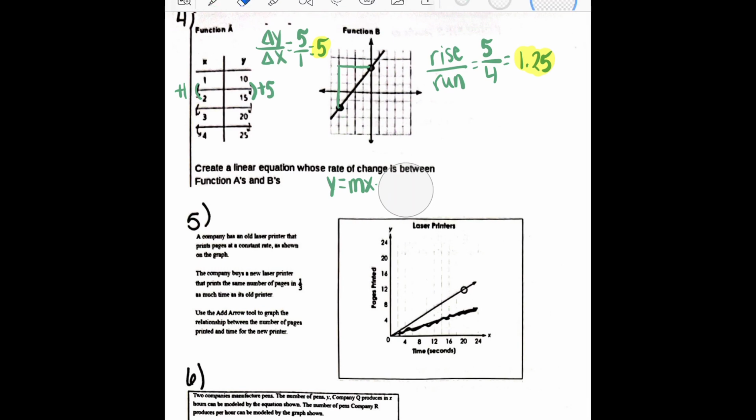So we're going to go ahead and just keep the b 0. So let's not use an equal sign. Let's use an arrow. Our equation is going to be y equals, we said the number between 5 and 1.25 would be 3x. You could use y equals 2x, y equals 4x. It just needs to be a number in between 5 and 1.25.